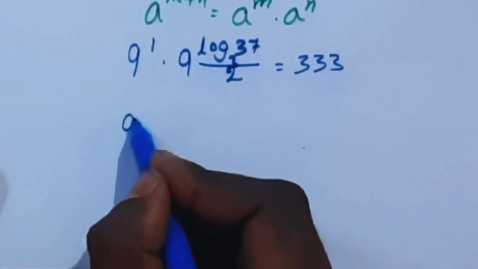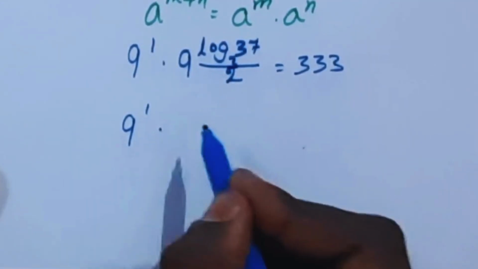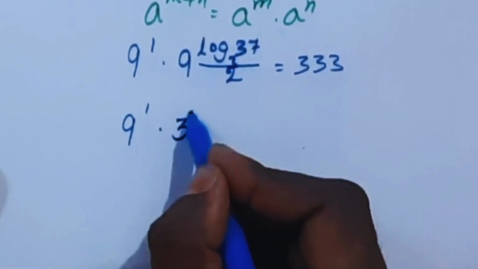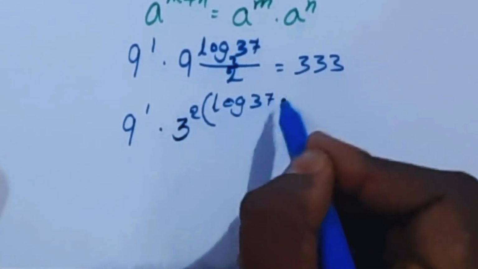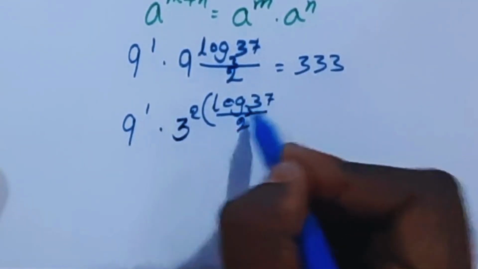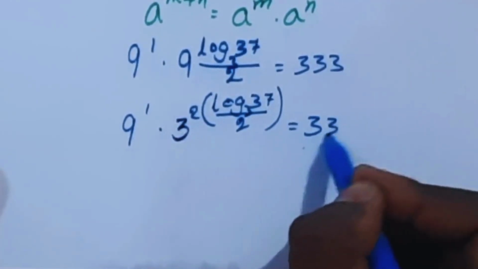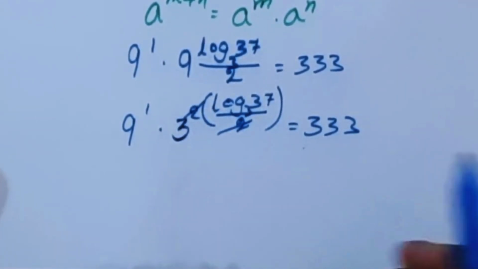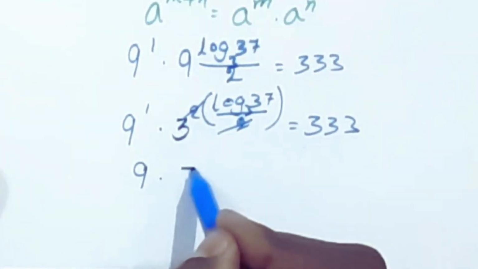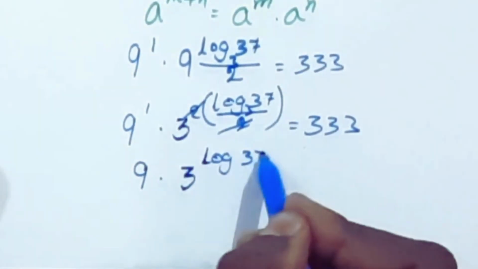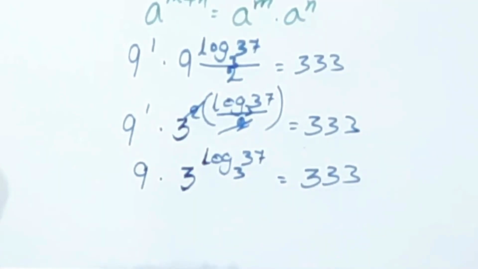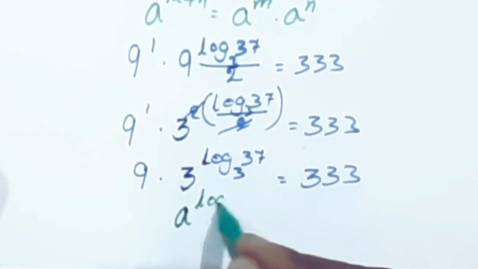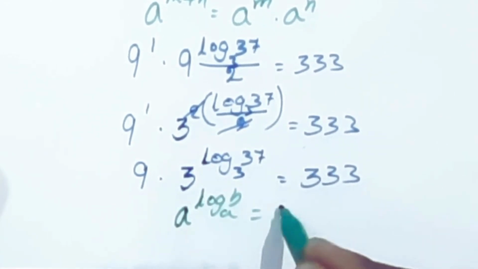Now 9 power 1 times this is 3 power 2 log 37 by 2 base 3 equal to 333. This 2 cancels this. So 9 times 3 power log 37 base 3 equal to 333. According to this log formula, a power log b base a equal to b.